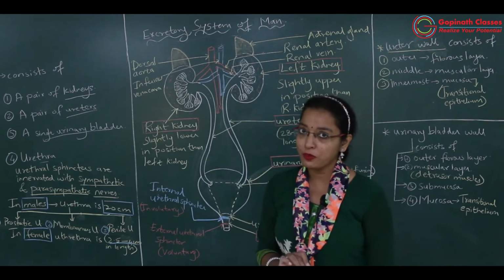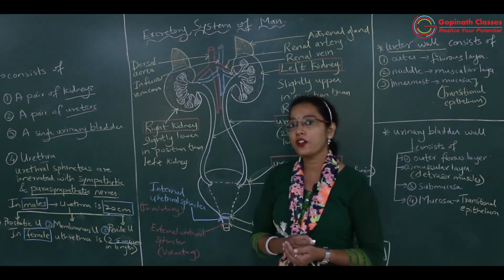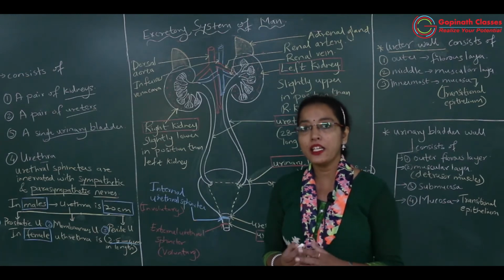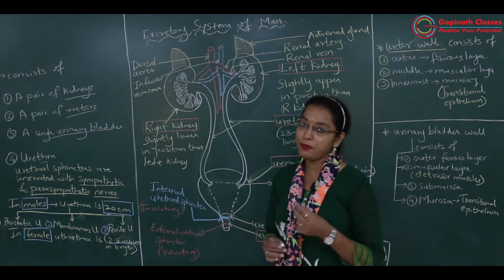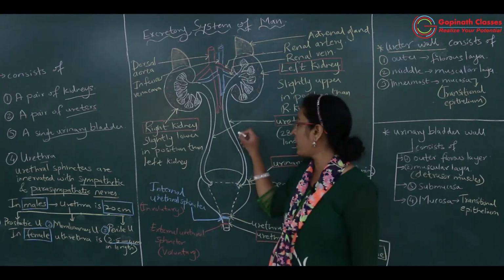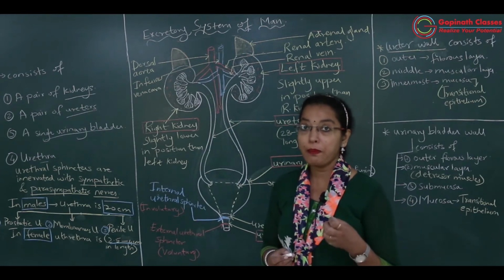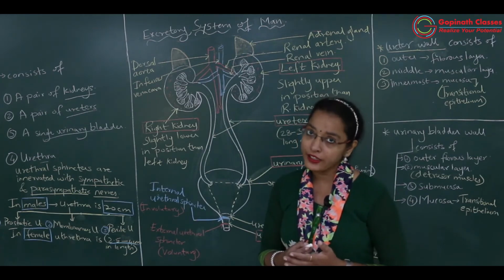Why is it possible? Because of the presence of transitional epithelium in its wall, because of which the ureter can expand as well as contract depending upon the volume of urine produced by the kidneys.